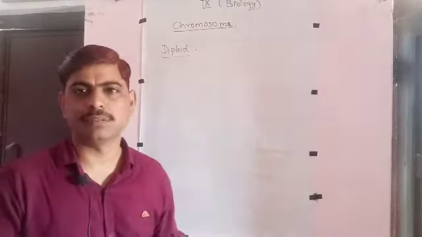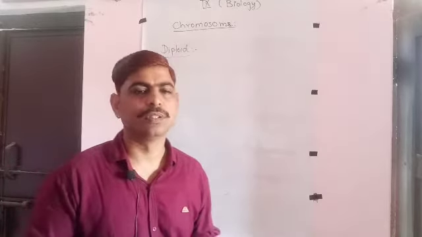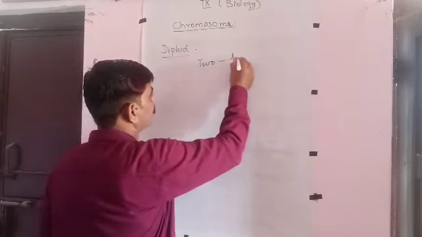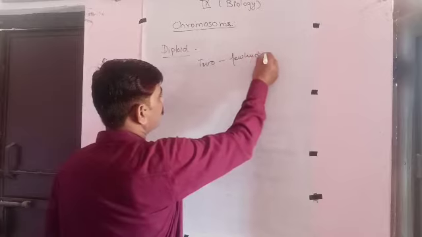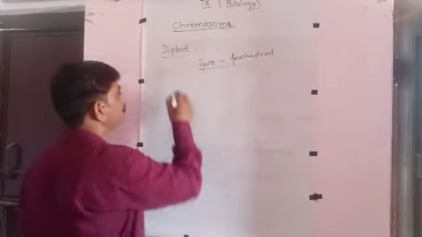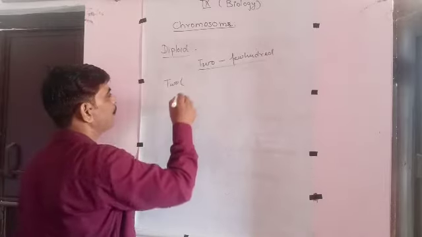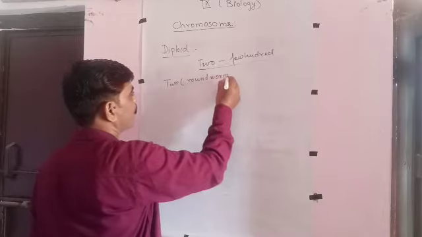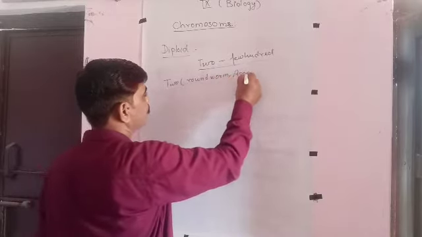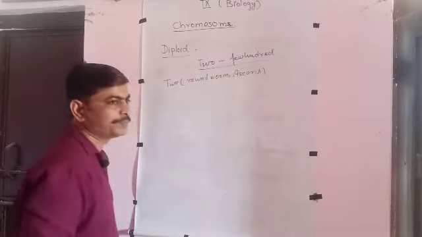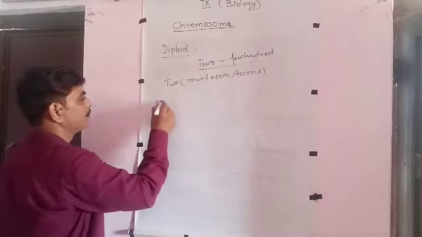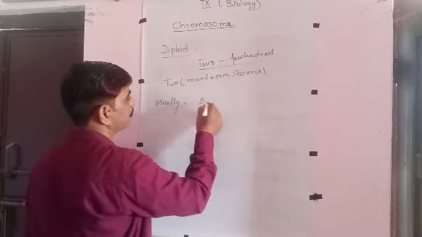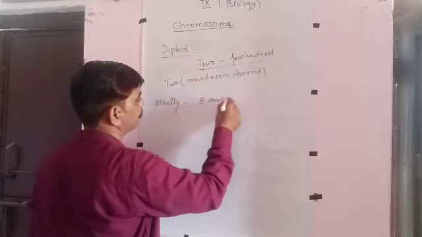Chromosomes vary in number in different species. They can be 2 to a few hundred. 2 chromosomes are found in round worm, you can take it as Ascaris. But usually they lie between 8 and 50.